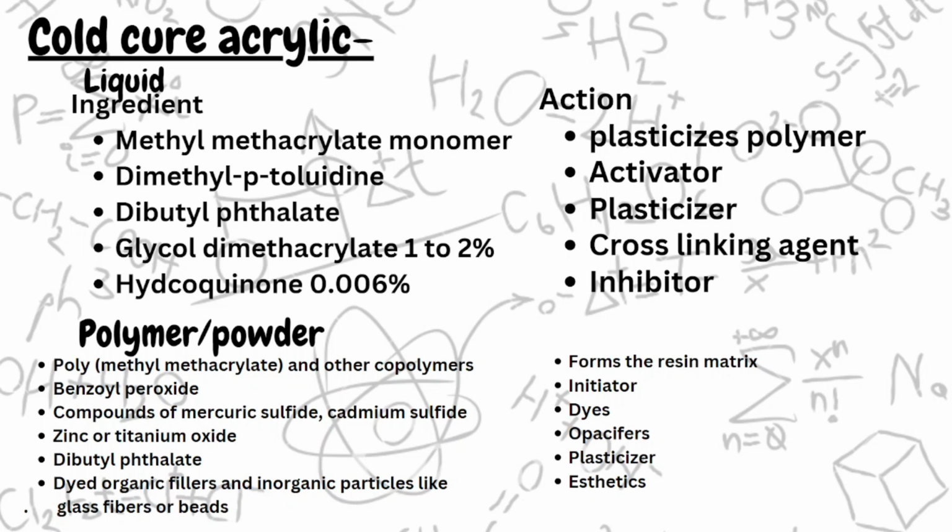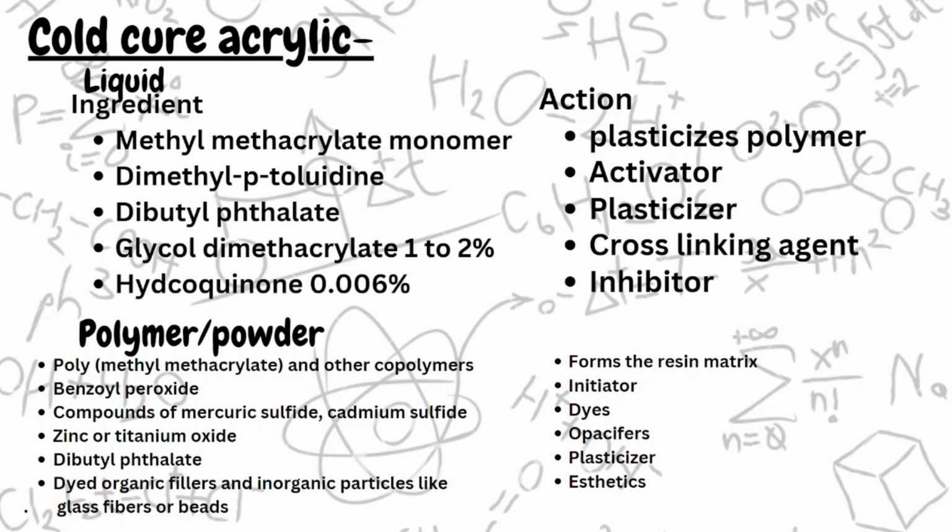Dimethyl paratoluidine, that I have already told in the previous slides, acts as activator, which converts the benzoyl peroxide into a free radical form to activate and initiate the reaction. Dibutyl phthalate acts as plasticizer. Glycol dimethyl acrylate acts as cross-linking agent. Hydroquinone is the inhibitor.